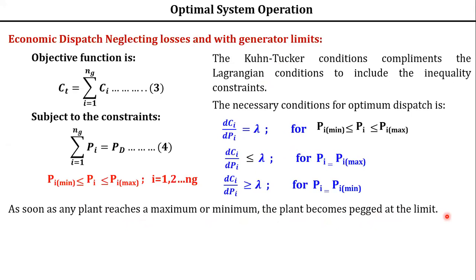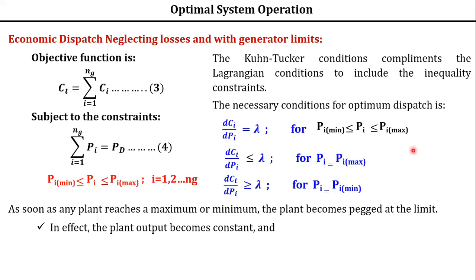If it violates the lower limit, then the plant will be pegged or clamped at that minimum value. In effect, the plant output becomes constant. Whenever it is clamped or pegged at its lower or upper limit, the output of such a plant becomes constant.